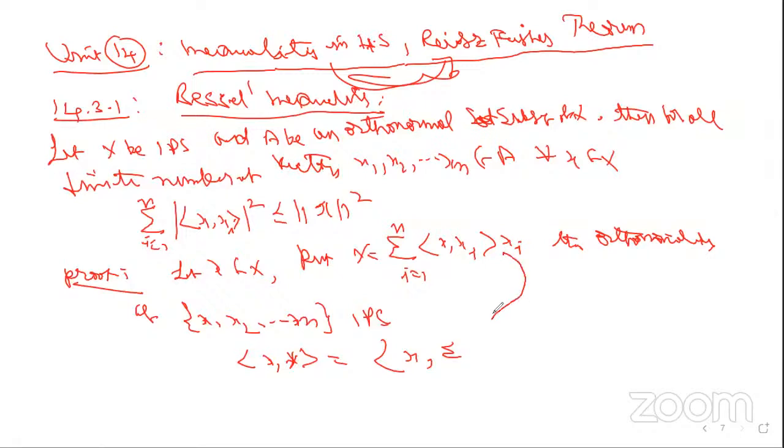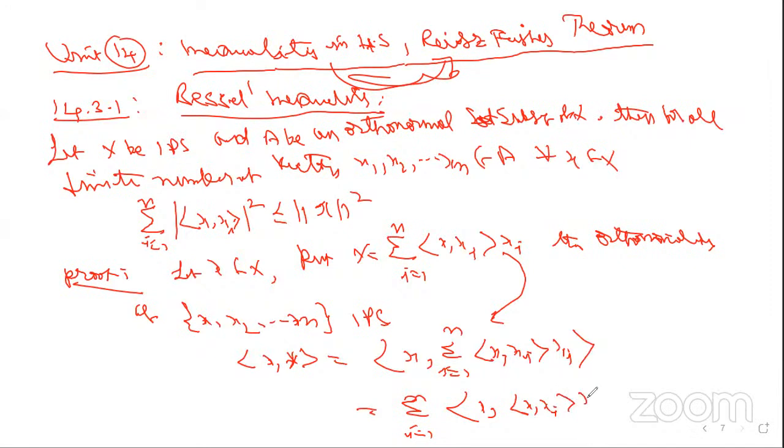We substitute this y here. The sum from i equal to 1 to n of the inner product of x comma xi into xi, inner. So that equals, taking the sigma outside, the sum from i equal to 1 to n of the inner product of x comma, the inner product of x comma xi times xi.